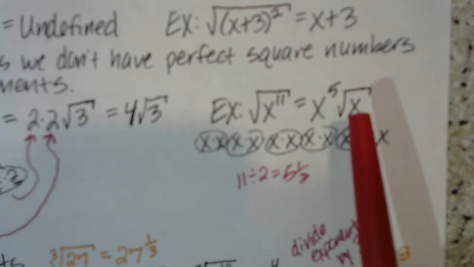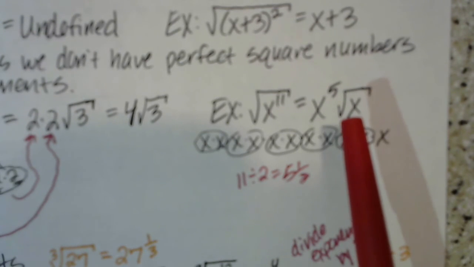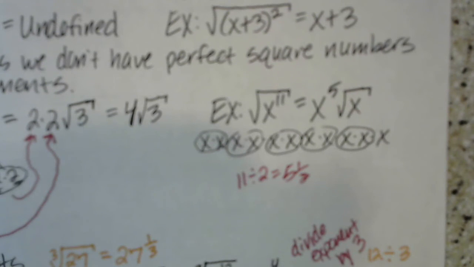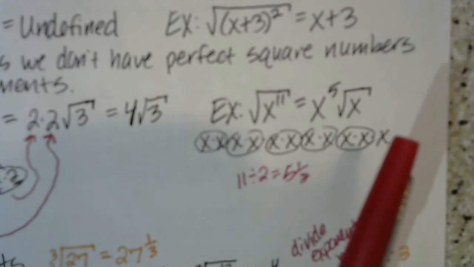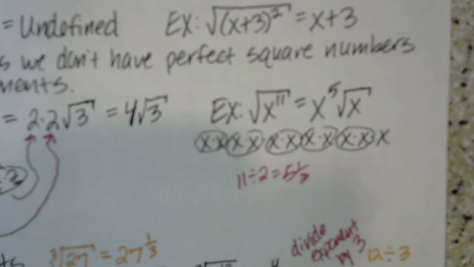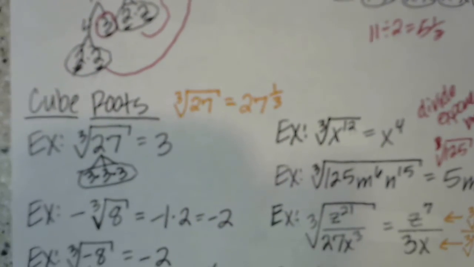That 1 left over has to stay inside the radical. Once again, if it does not divide evenly, you're still going to have a radical in your answer.